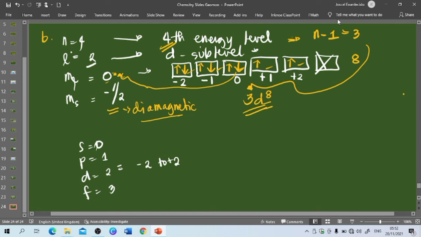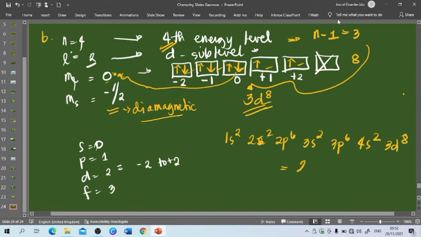So let's start writing the electronic configuration: 1s2, 2s2, 2p6, 3s2, 3p6, then 4s2, and then 3d8. So let us count the number of electrons. We have 10, we have 20, this is 28.